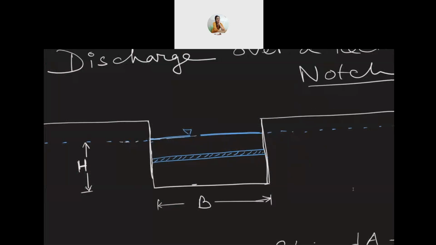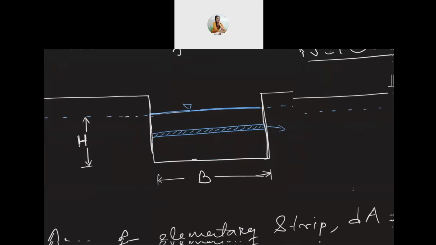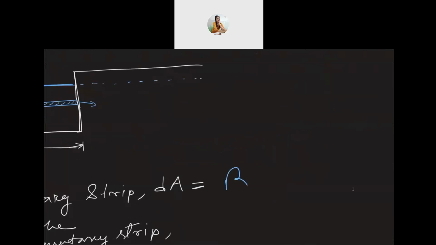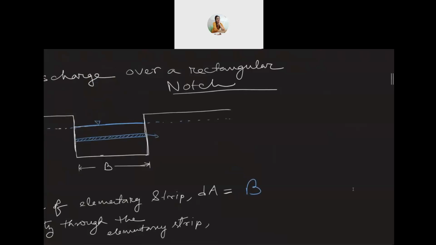Now, the area of this elementary strip will be given by dA equal to B, which is the width of the notch, multiplied by dh, where dh is the thickness of the strip.